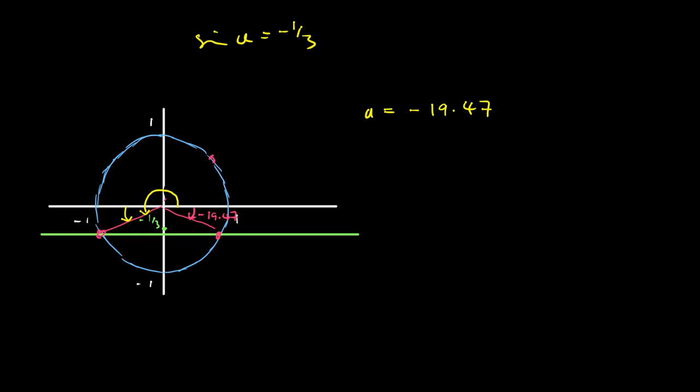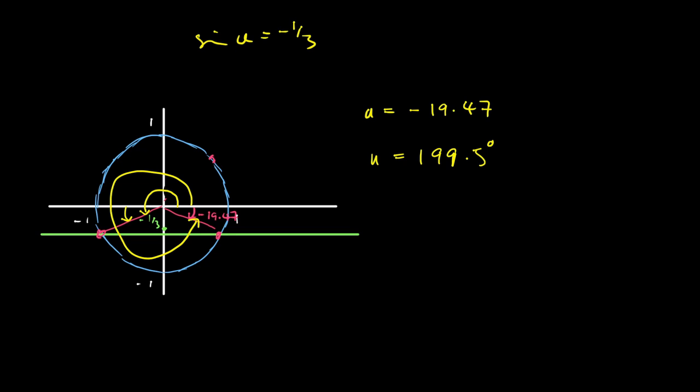Okay, so I'm going to do the 19.47 plus 180. That gives me 199.47, so u is equal to 199.5, isn't it? I think they ask you for one decimal place. And then how do I find this other angle?